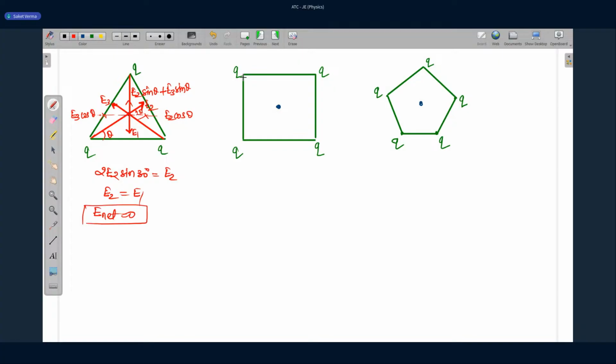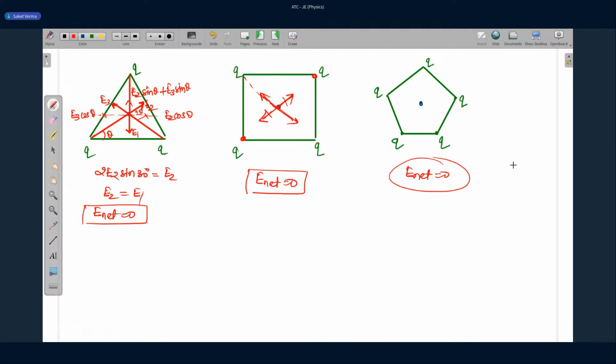Similarly here also it will happen. Because of this positive charge the electric field will be in this direction, and because of this positive charge the electric field will be in this direction. Both have the same distance, so they will cancel each other. So here also the electric field because of this point charge will be in this direction, and because of this point charge in this direction, so again these two will cancel each other. So the net electric field in all three cases which I have drawn will be 0, right?